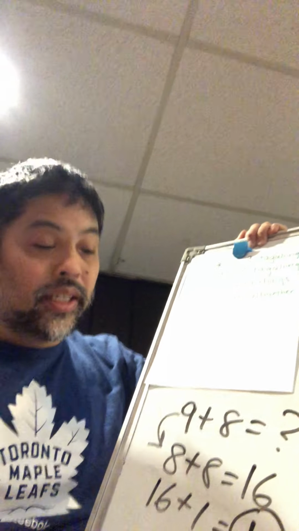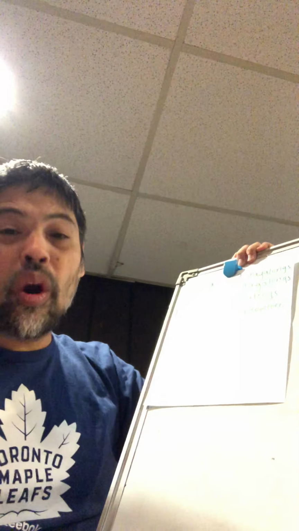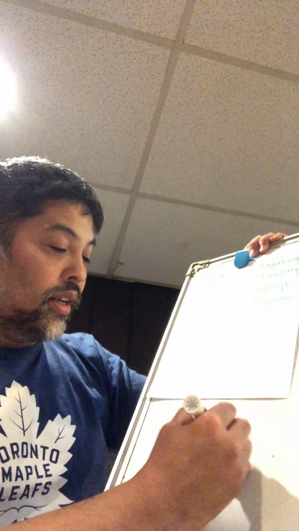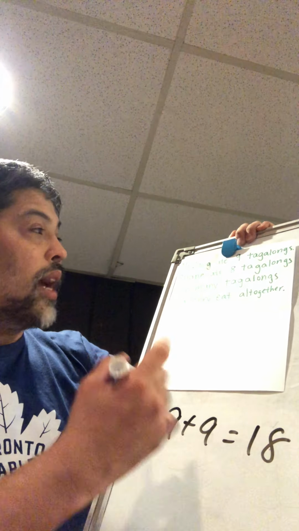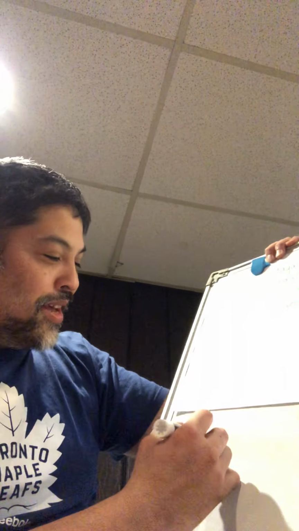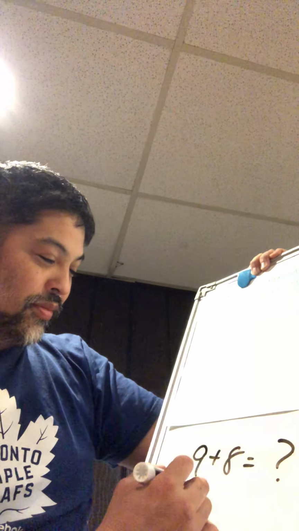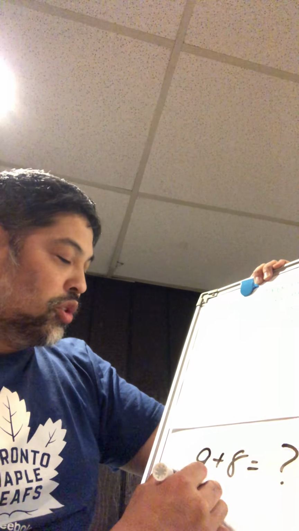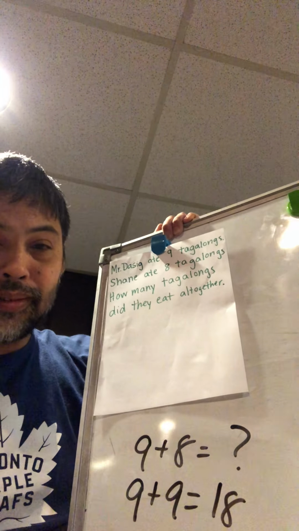Now, let's say I didn't want to use 8 plus 8, okay? I wanted to use 9 plus 9. 9 plus 9 equals 18, okay? Now, I'm trying to solve, oops, sorry. I'm trying to solve 9 plus 8 equals, I don't know, okay? And I'm going to use this doubles fact. 9 plus 9 equals 18, all right?